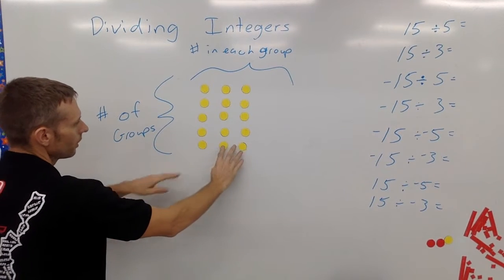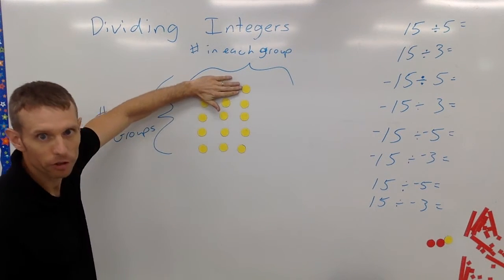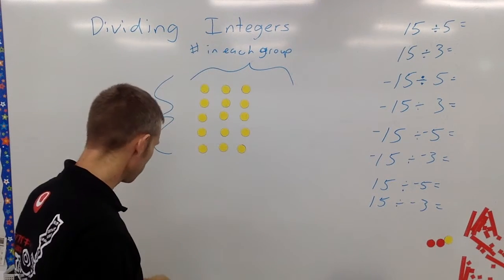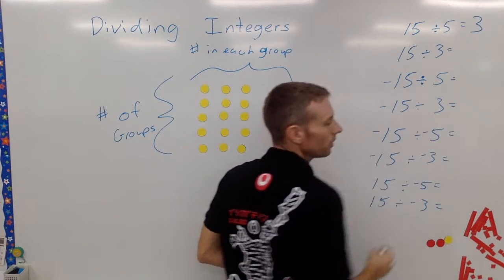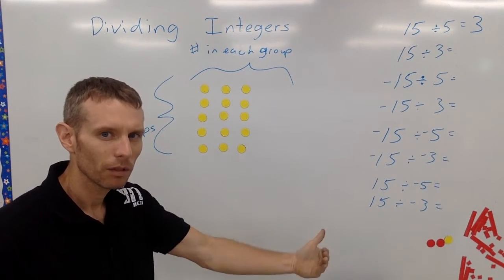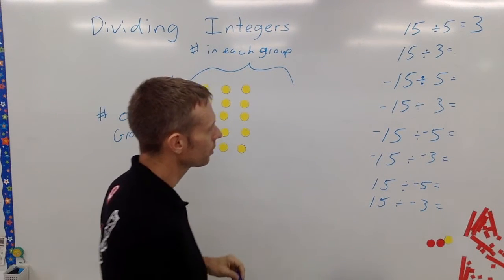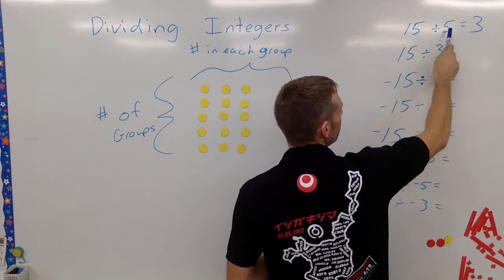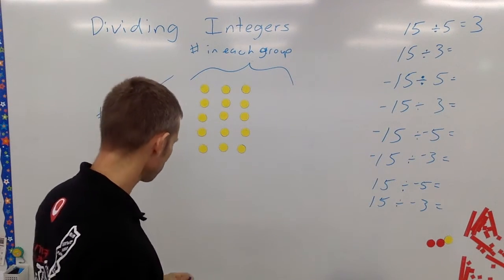If I divide this into 5 groups, I have 1, 2, 3, 4, 5 groups, right? In each group, there are 3 counters. So we know that 15 divided by 5 equals 3. Positive 15 divided by positive 5 gives us a positive 3. We can check this: 3 times 5 equals 15.